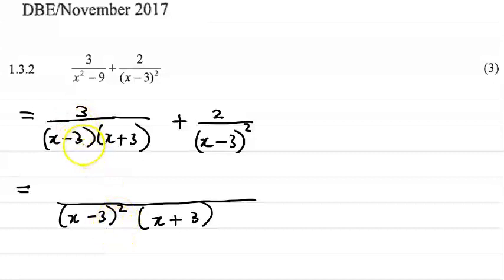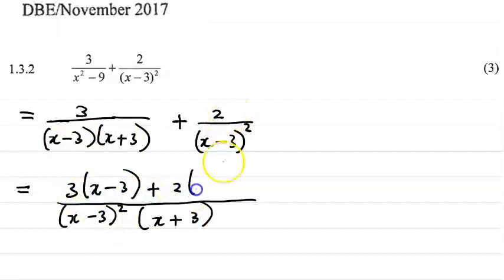So therefore, now let's simplify. Remember what you do to your denominator, you must do the same thing to your numerator. So it's going to be 3 into, see, x minus 3, x plus 3, but here is x minus 3 squared, x plus 3. Therefore, it's going to be 3 into x minus 3 plus 2 into, remember here you got x minus 3 squared. So therefore, it's now going to be 2 into what? x plus 3, like so.